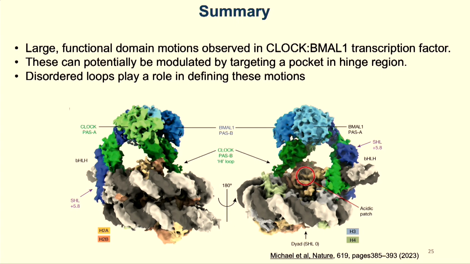Why is it relevant? In 2023, this paper came out of one of my previous collaborators, who actually solved the cryo-EM structure of this particular transcription factor bound to the nucleosome. Now, this is the density. It's not a great cryo-EM structure. The resolution is not that great.